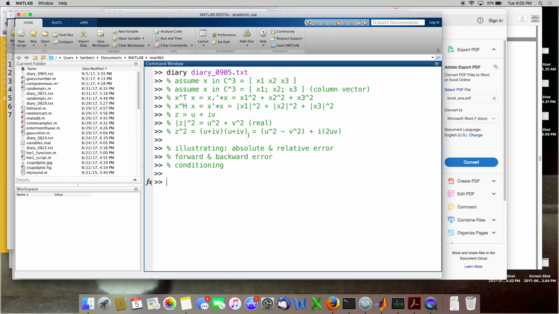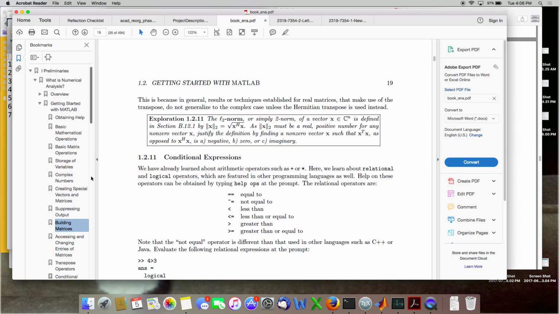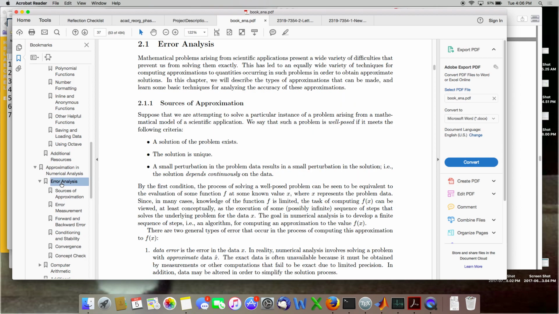Now, since I'm typing this here in a MATLAB diary, just so there's no issue with having to read my penmanship, I'm going to have to lay down some notation here. So first, if I flip to the textbook here, and the notation that I use here.